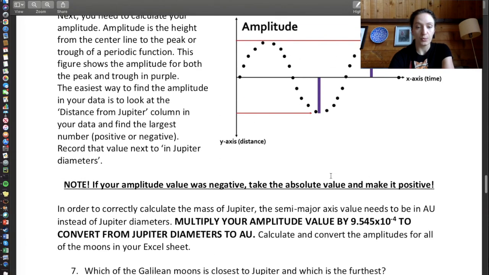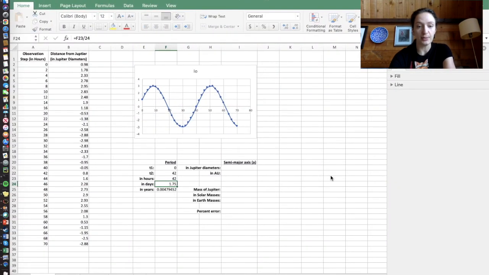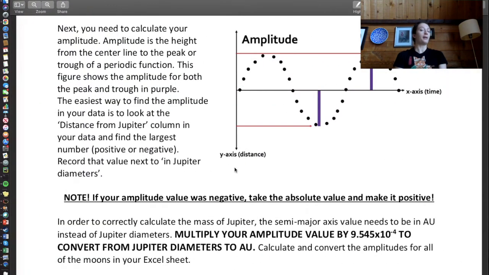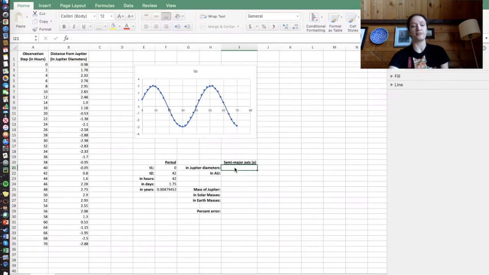So we're going to get our amplitude. Now, the amplitude of the wave corresponds to the semi-major axis of your moon, because this graph is showing the moon's orbit. Where it crosses the x-axis is where it's crossing in front of Jupiter.